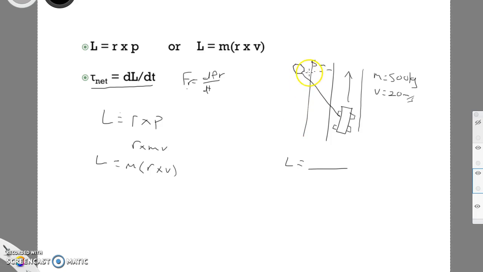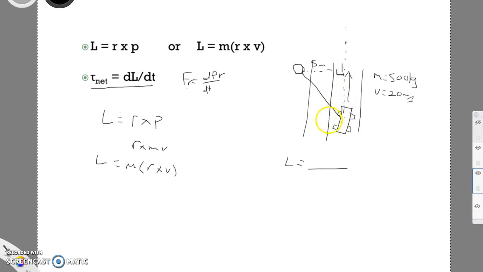Or we could look to see where it's going to pass closest to the stop sign, because the place where it passes closest is the place where we have a perpendicular radius. So as this car drives along, the place that it passes closest is this distance of 5 meters. So instead of using the cross product or having to use sine to find the perpendicular radius, we can just see the point where it passes closest to it.